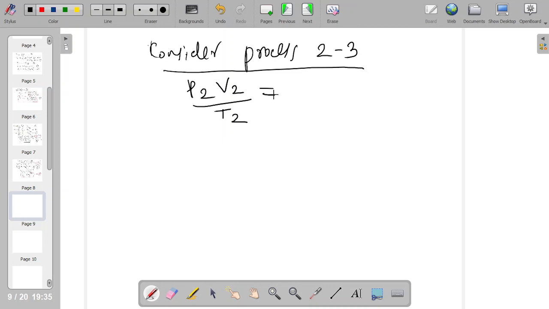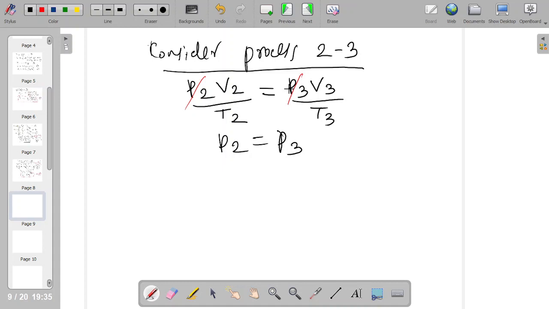That is P2 V2 by T2 is equal to P3 V3 by T3. That is the ideal gas equation for 2 and 3. And here we know that the pressure is constant, so P2 equals P3. That is one more equation we have in this process. That means you can directly cancel P2 and P3 from here.